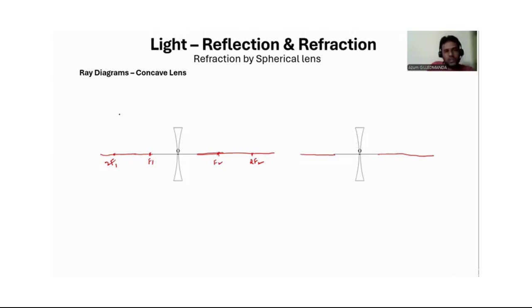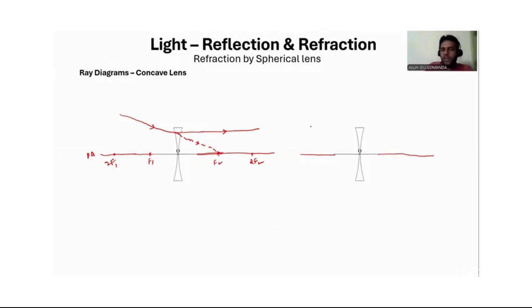Let's say I have an incident ray which is falling like this. If I project it, it appears that it is incident towards F2. But this type of ray emerges parallel to the principal axis. So if an incident ray falling onto the concave lens appears to be going into F2, that ray emerges out parallel to the principal axis.